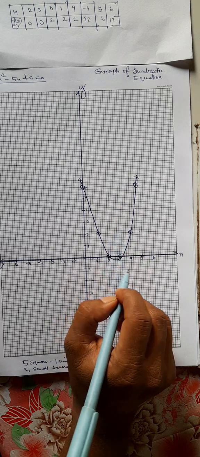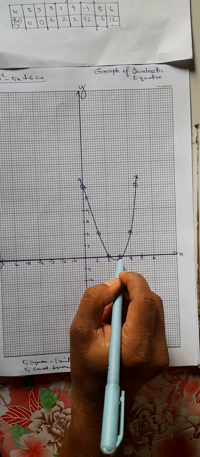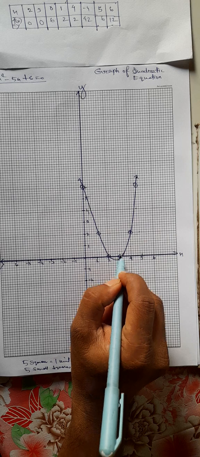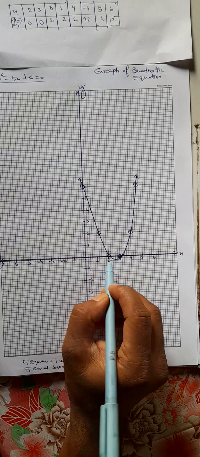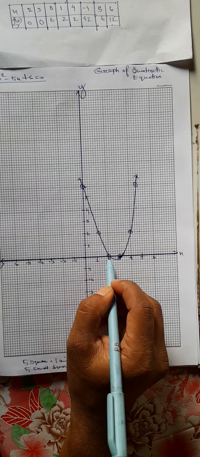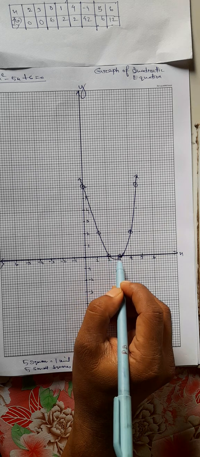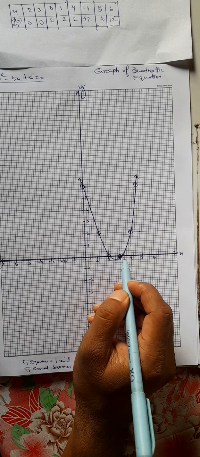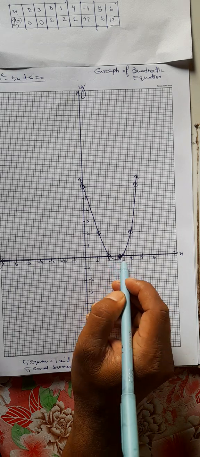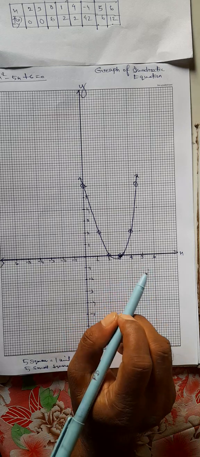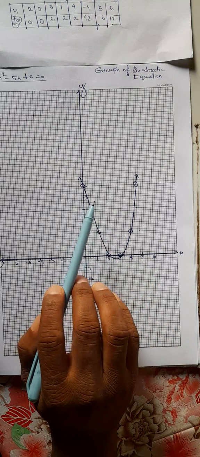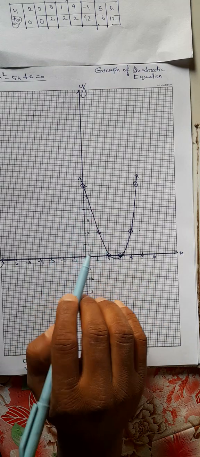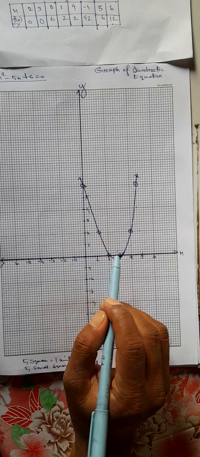this graph intersects the axis of x in two different points. The abscissa of this point is 2, and the abscissa of this point is 3. So the abscissae of the two different points are 2 and 3. These are the solutions of the equation. Since this is an equation in x, the solutions will be abscissae only.